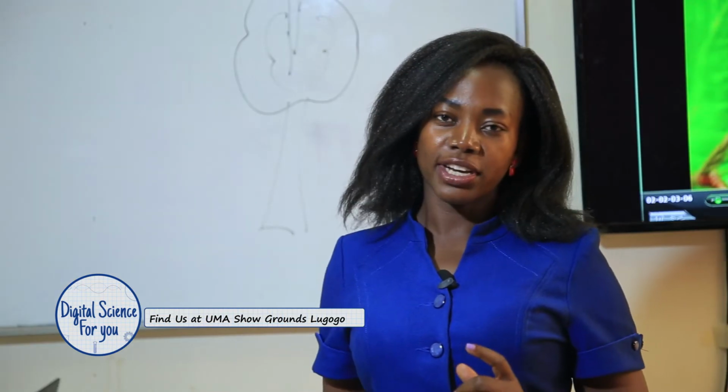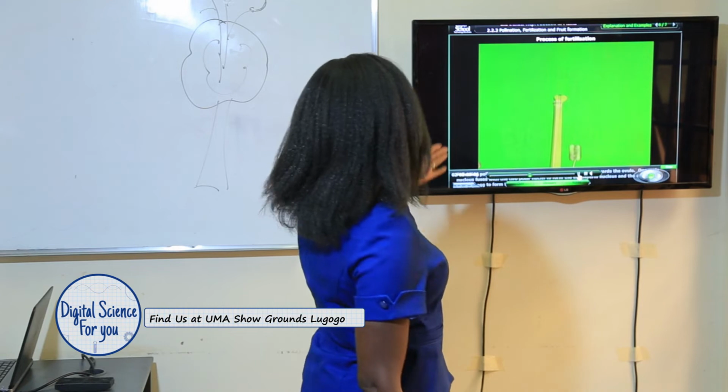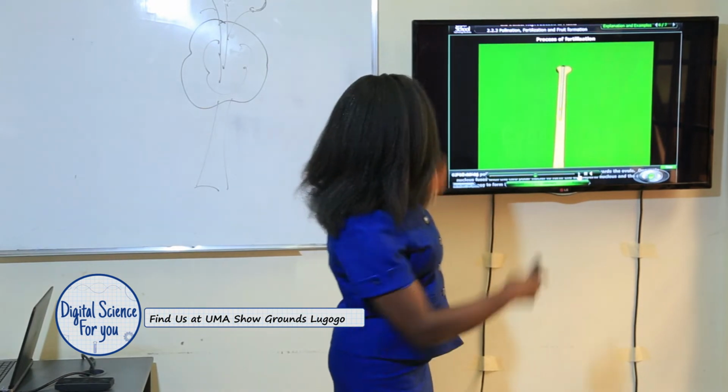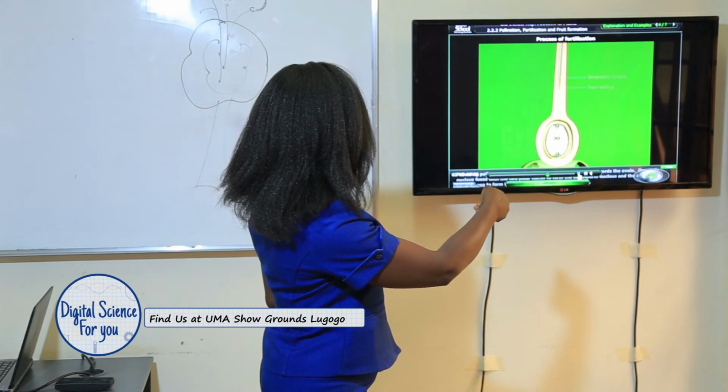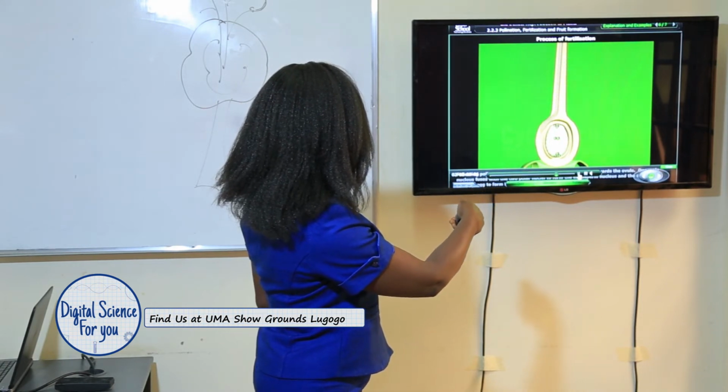Back to our topic, following pollination, the pollen grain germinates by developing a tube downwards to the ovary of the flower. And this can properly be illustrated again using digital science. You can see that pollen tube developing down the style to the ovary.